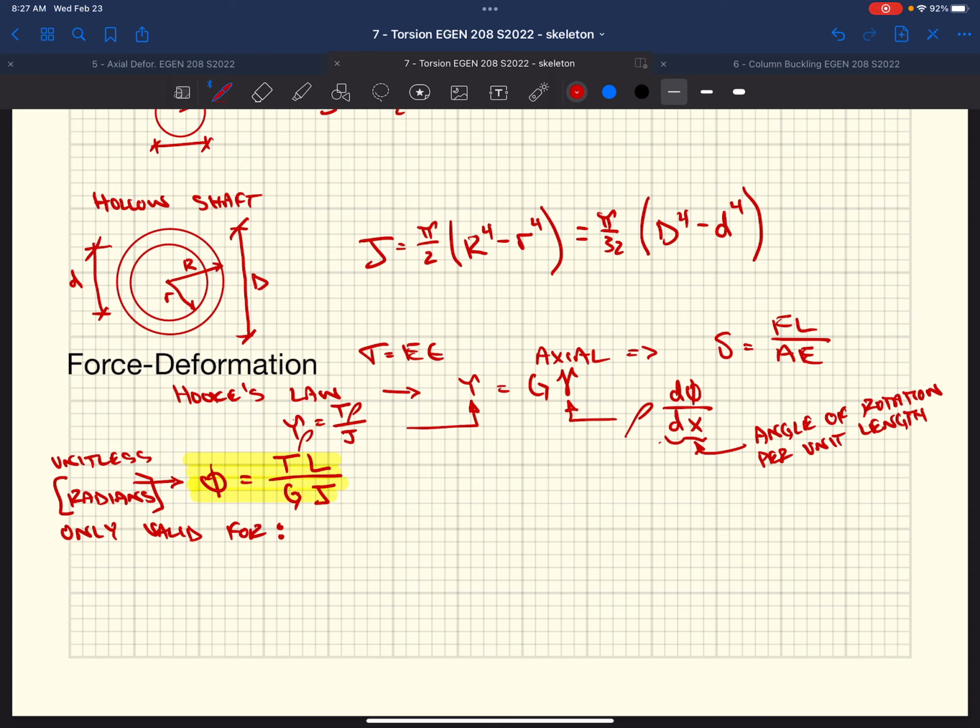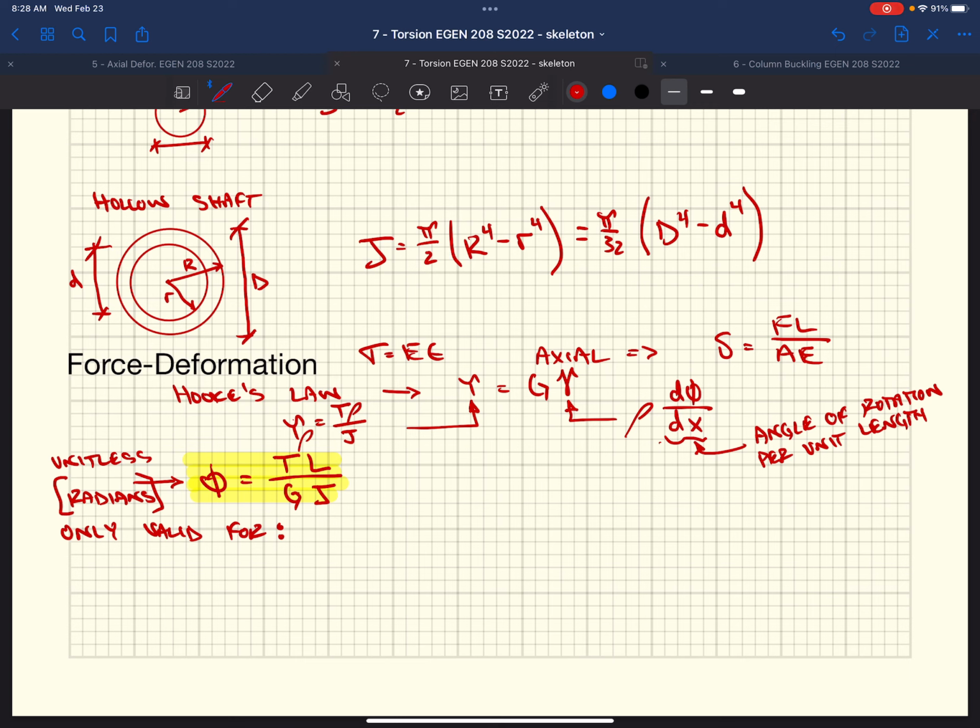If the shear modulus changes along the length of our shaft, we can throw this equation out the window, because you're not going to have this consistent adding up of rotations as we go along the length. The other requirement is that it has to be prismatic. We can't start with a pipe and then tack onto it a solid shaft halfway through some length and expect this equation to work at the very end, because your J is going to change as you go from one end to the other.